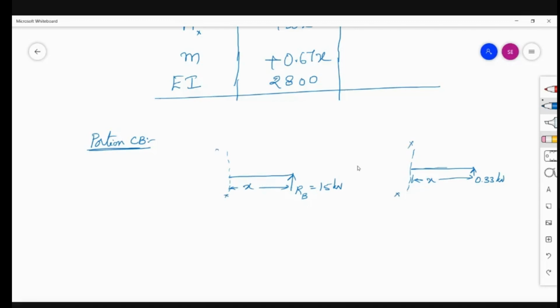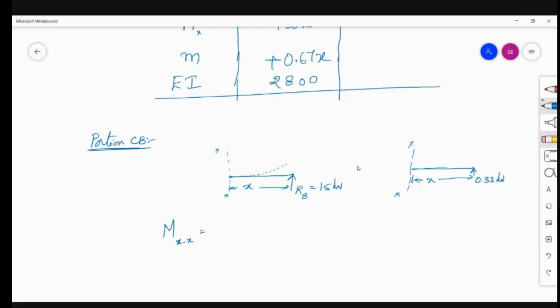So now here, capital M, that is the moment at the section XX due to the external load system. Now see this, is it sagging or hogging? This load is from the upward direction.